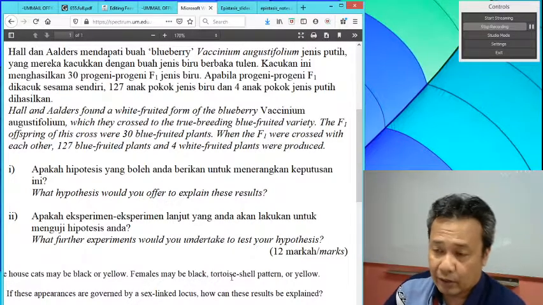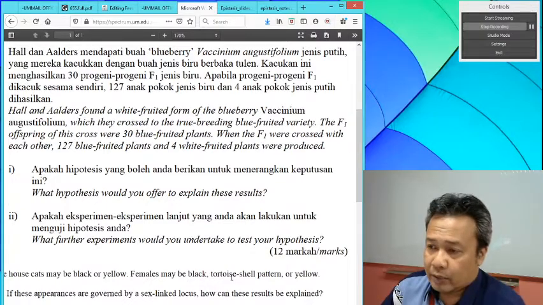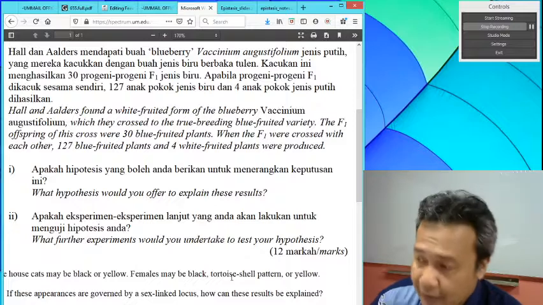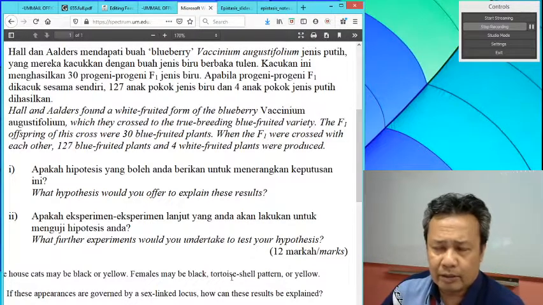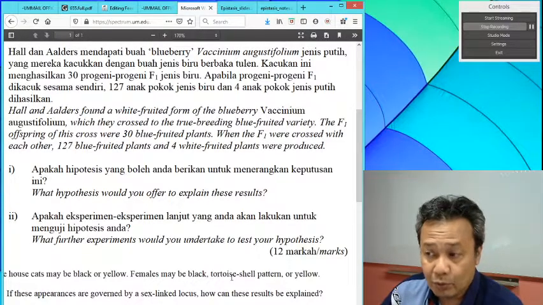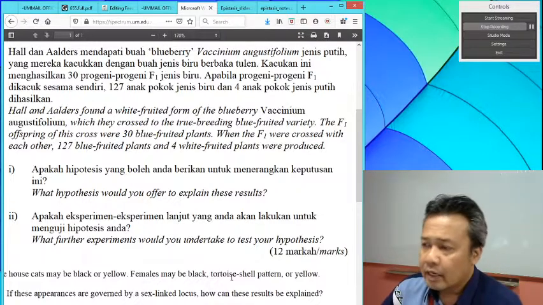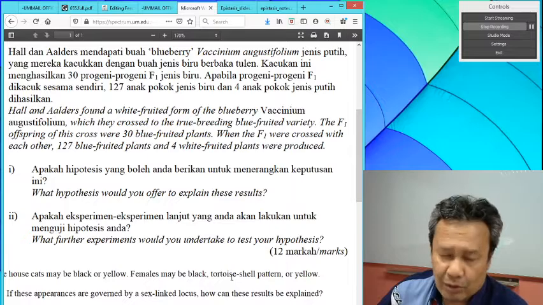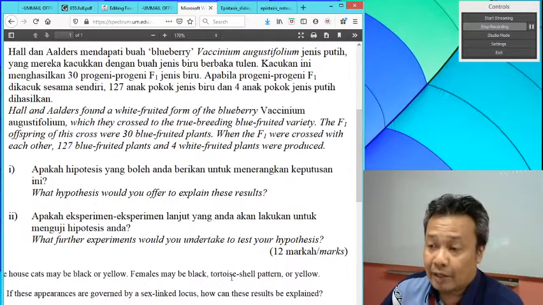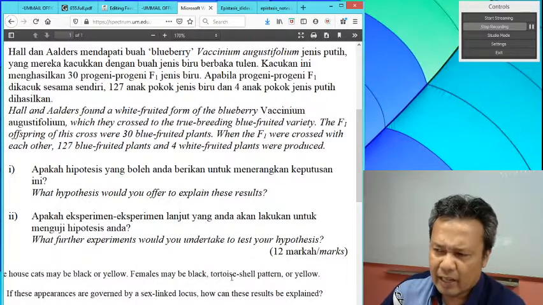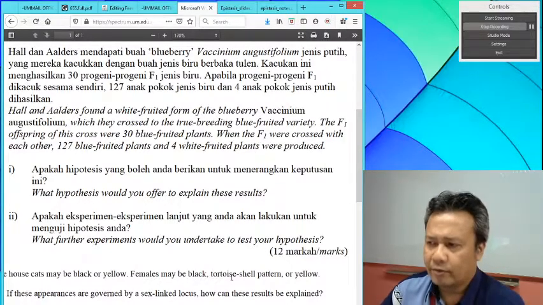Then of course you get the F1. The F1 offspring of this cross were 30 blue fruited plants. So that gives you an indication that the blue phenotype is actually dominant. When the F1s were crossed with each other, you get 127 blue fruited, and 4 white fruited plants were produced.